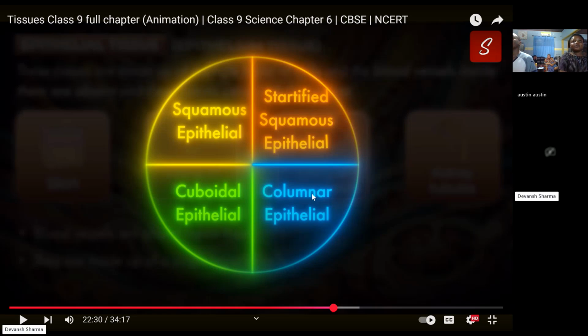So this classification is based on the shape of the cells. Cuboidal means cube-like. Columnar means rectangle. So these four categories are based on the shape of the cells.